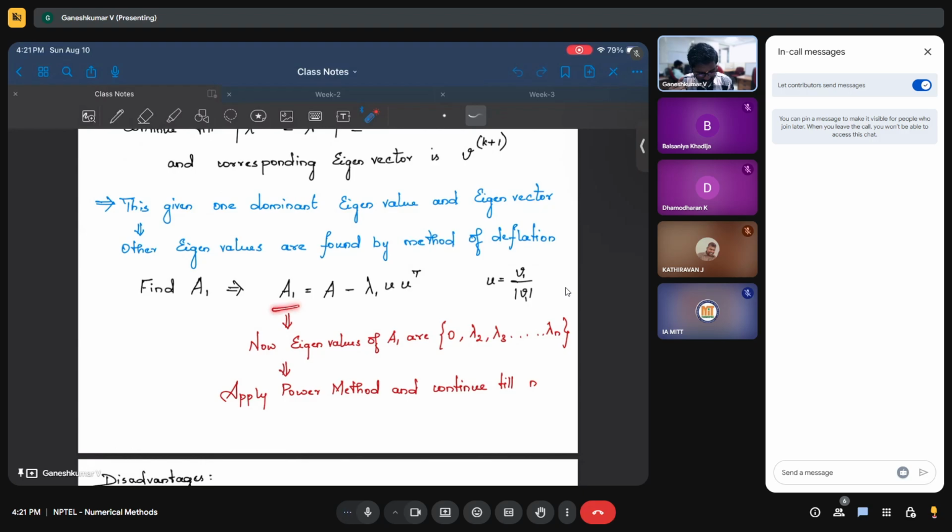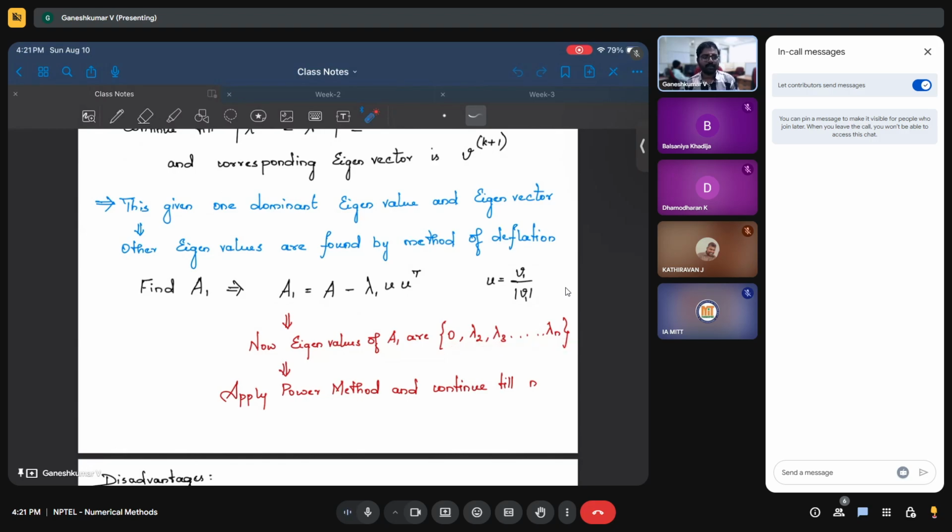Basically we find another matrix, which is your original matrix minus lambda 1 u u transpose, where u is v1 by modulus of v1. Now this lambda 1 is the dominant eigenvalue you just found using the power method. Once you subtract, the matrix will have eigenvalues 0, lambda 2, up to lambda n.